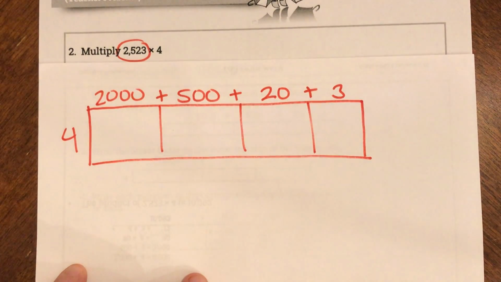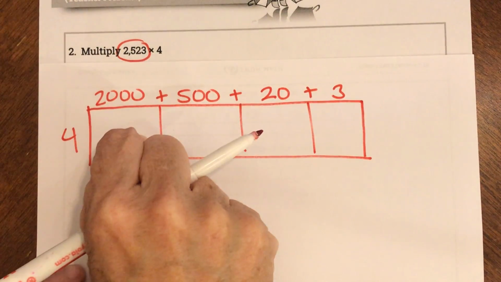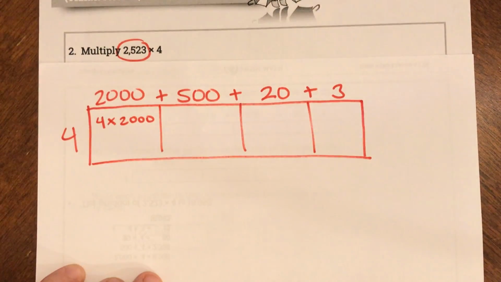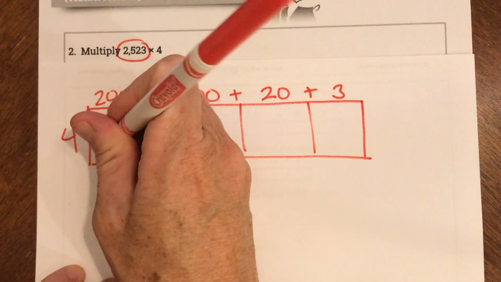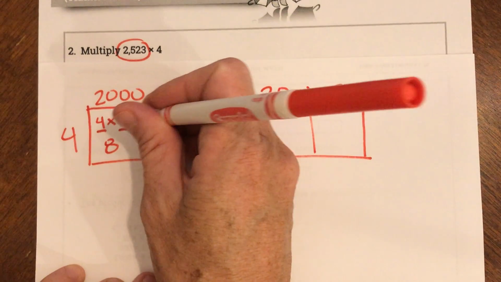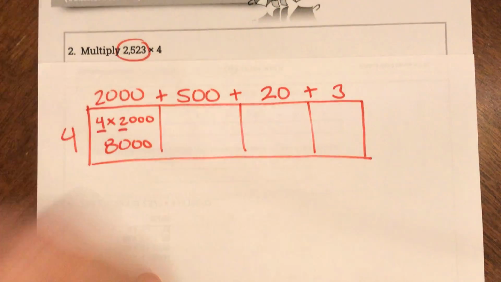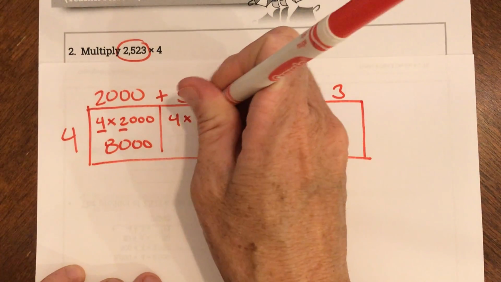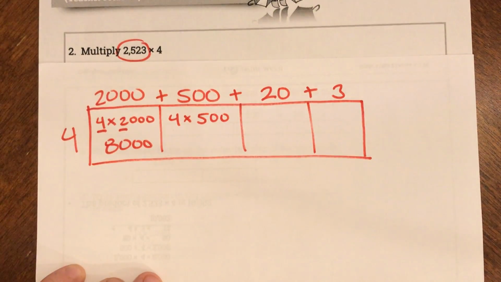And then step 4 says write each equation in the corresponding place value and find the product. Okay, so what do I have? What meets in this box? 4 times 2,000. 4 times 2 is 8, and then how many zeros? 1, 2, 3. Okay, what do I have in this box? 4 times 500.